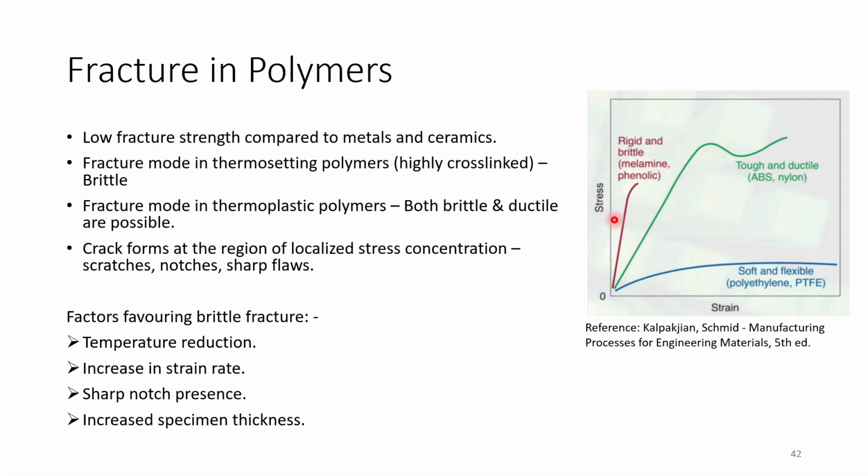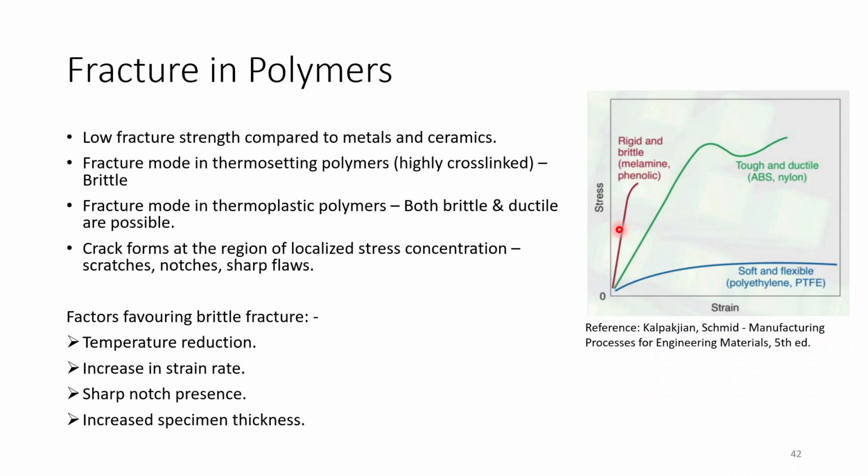So these are various types of behavior, as I told earlier. If your polymers are soft and flexible, then they will show very high ductility but very little strength. They will show intermediate strength and ductility if they are tough and ductile, such as ABS and nylon.